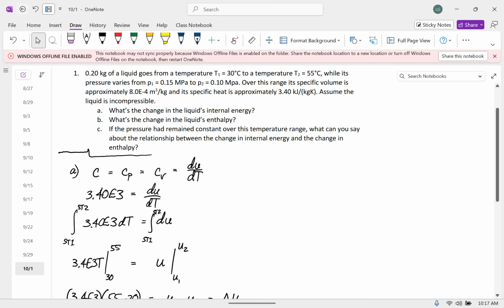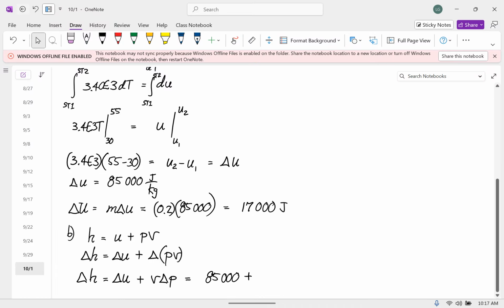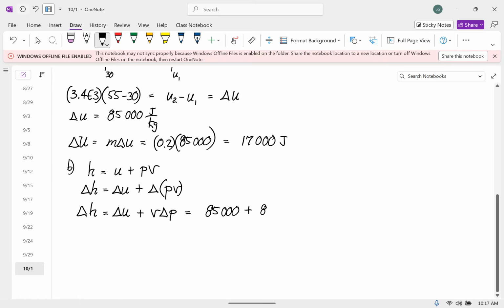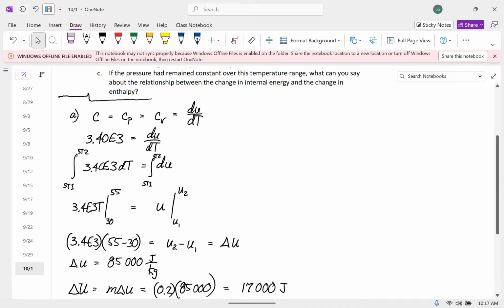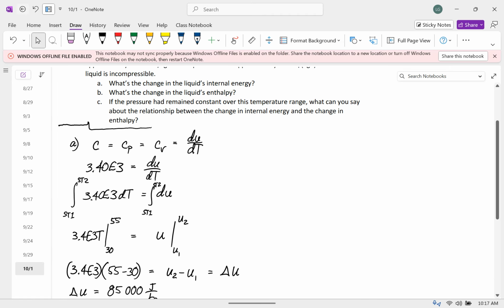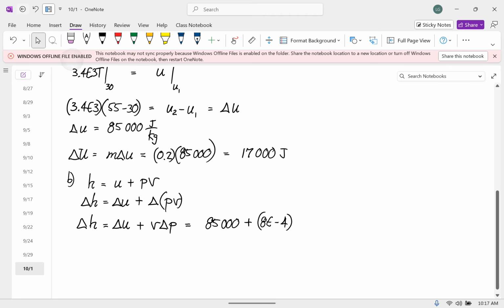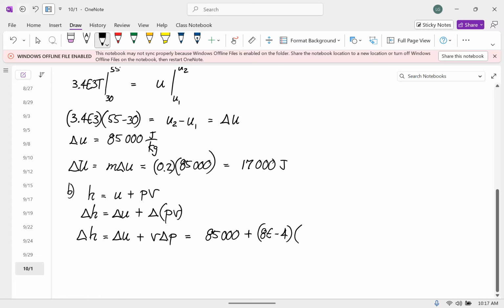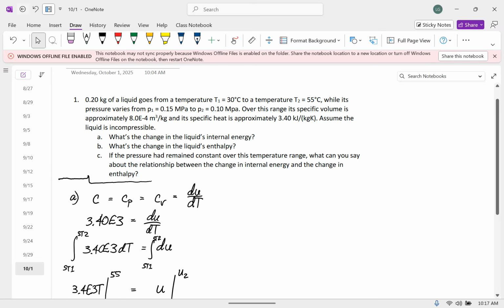We're given that the specific volume is 8 times 10 to the minus 4, and then times the change in pressure, which we are given.